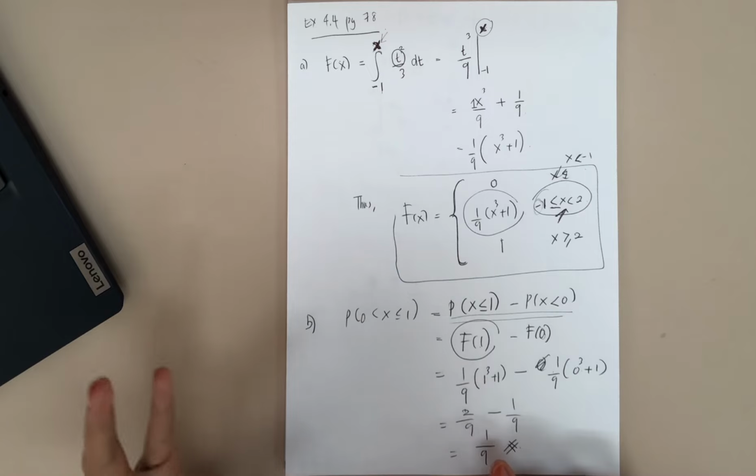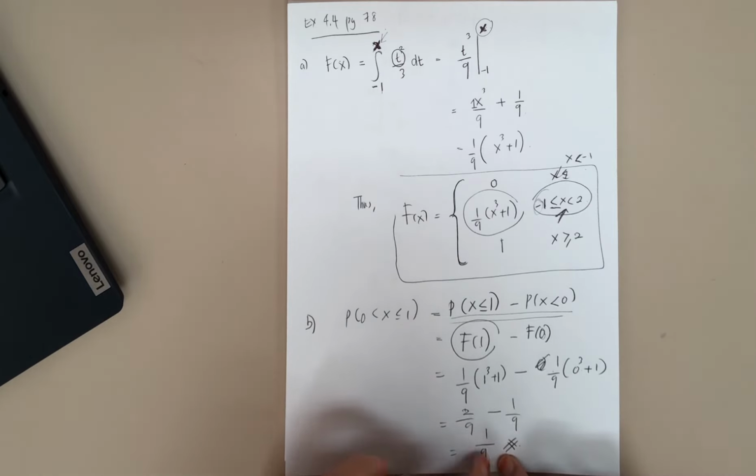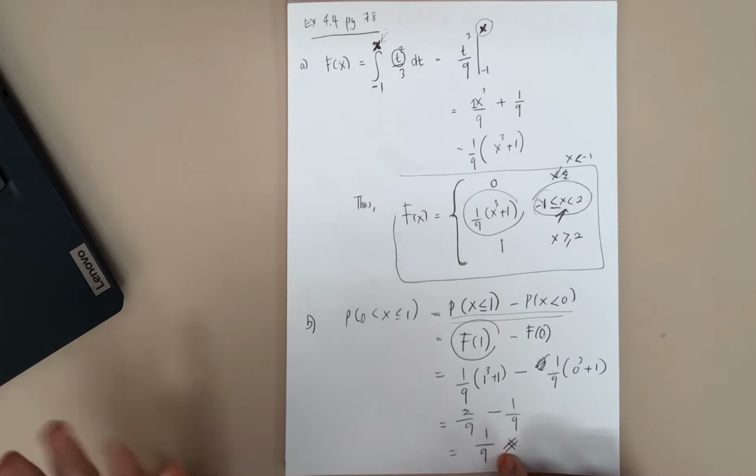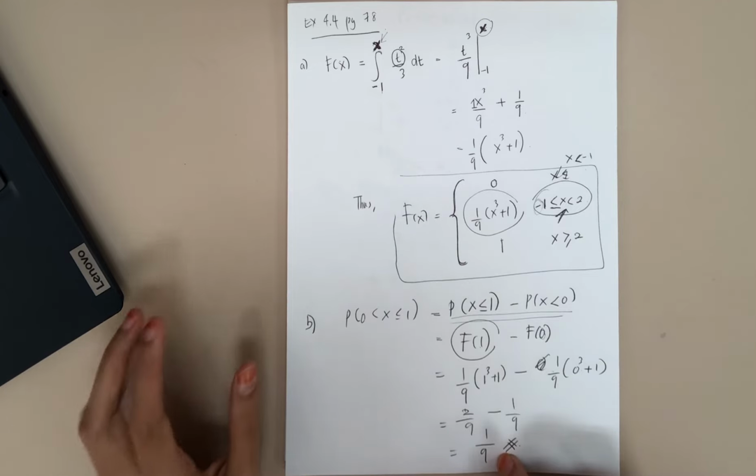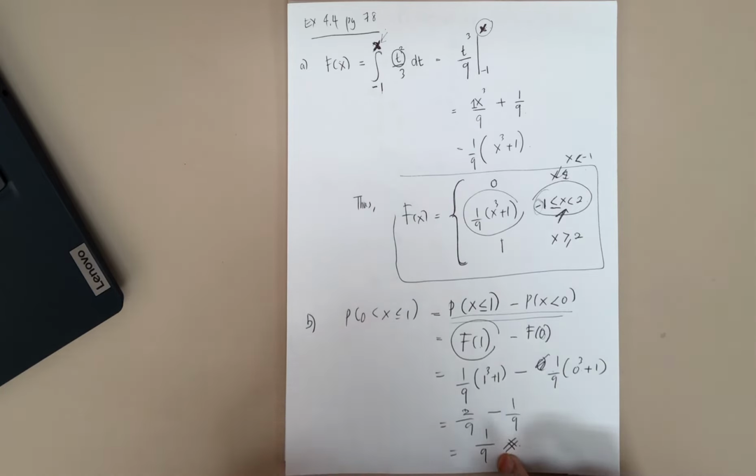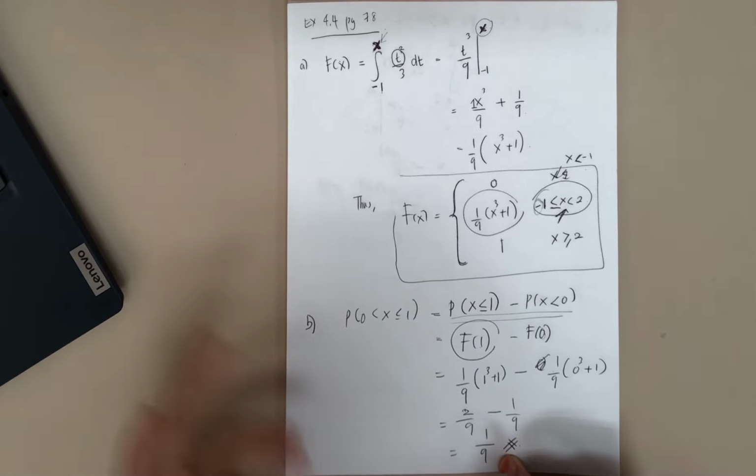If you check back with the previous example 4.2, we found this probability by using the PDF. We got 1/9. Now we use the CDF and we still get 1/9, which is correct. We need to get the same answer.